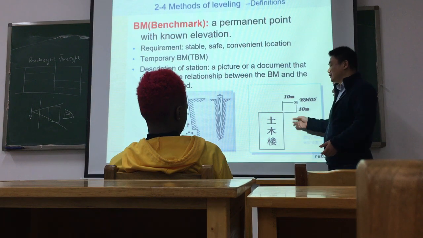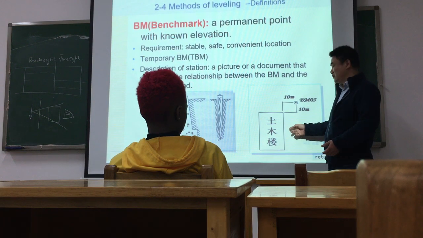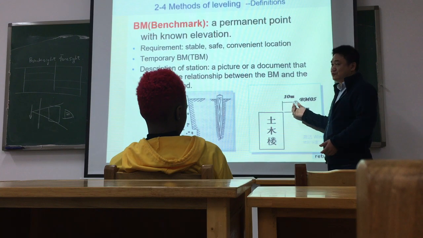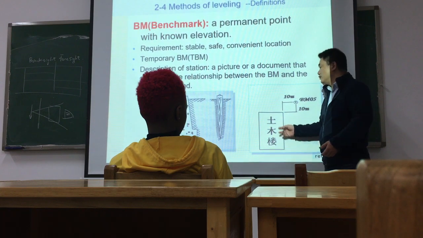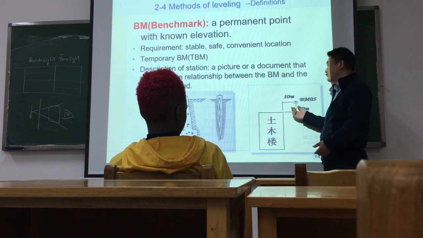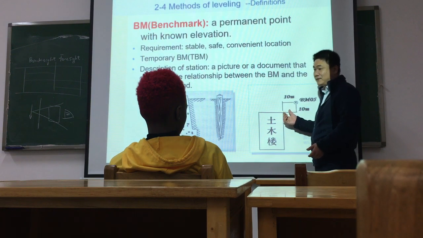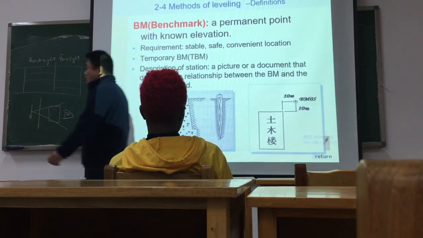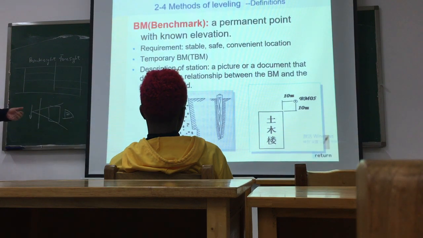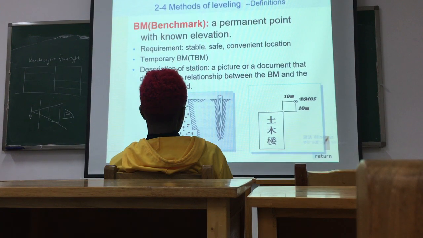So you should give them a draft picture showing the relationship between the benchmark and an obvious building, then you can find it easily. Of course, nowadays you can draw a draft picture, and you can also take a picture.